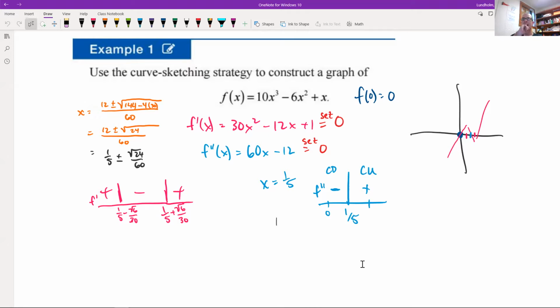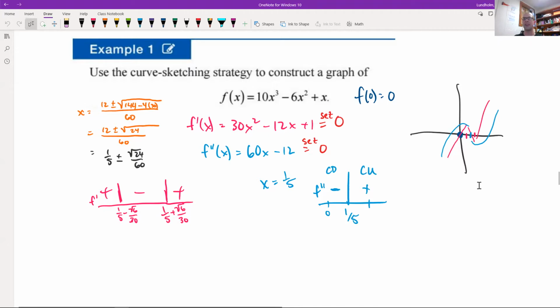Yeah, that would allow us to see that concavity, we're going to be concave down over here. So this part is going to be curved one way, and this part's going to be curved this way, which is kind of what you expect. We're working with a polynomial here, so we're not going to get too many surprises.